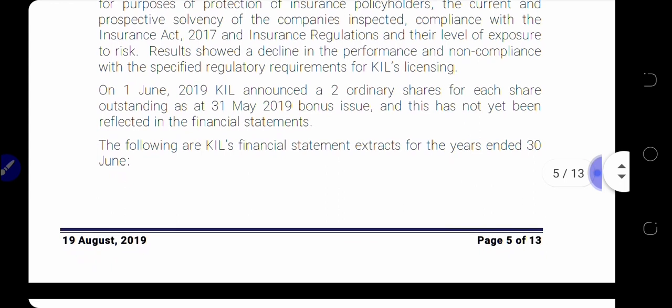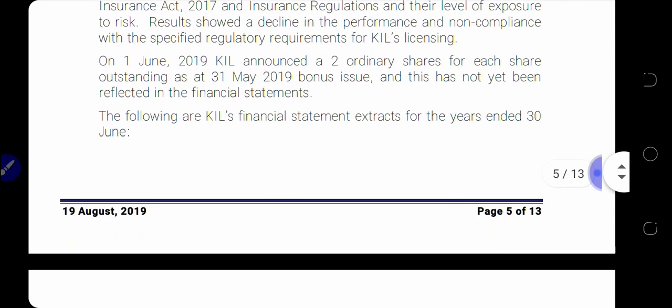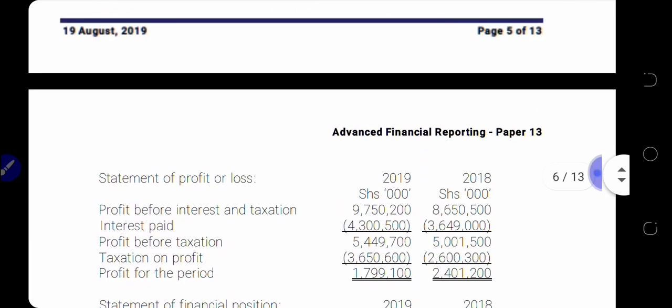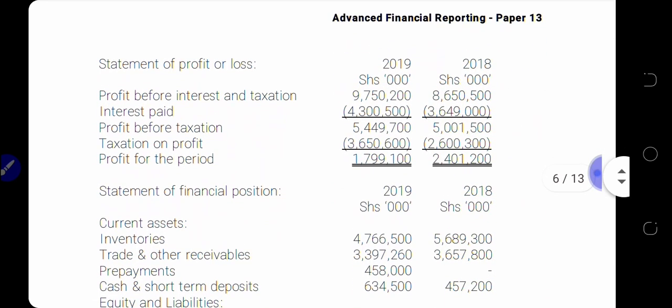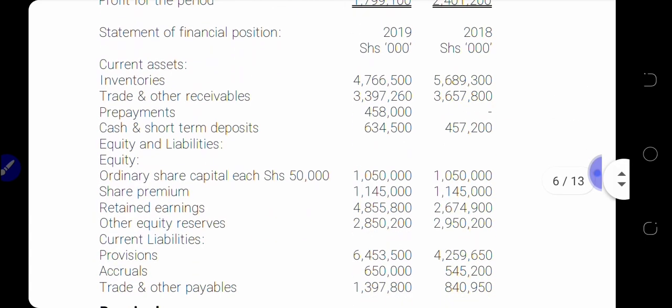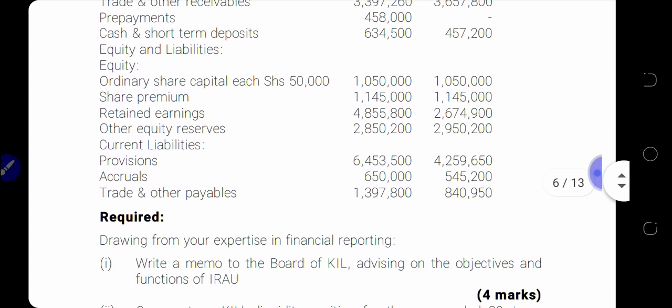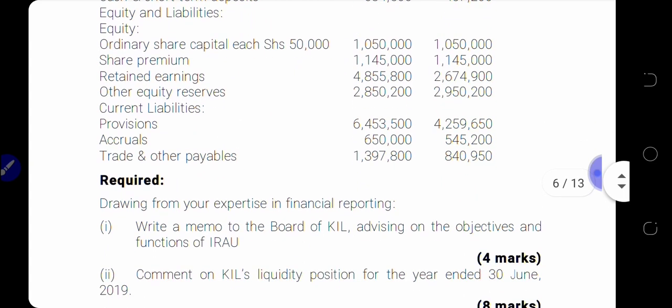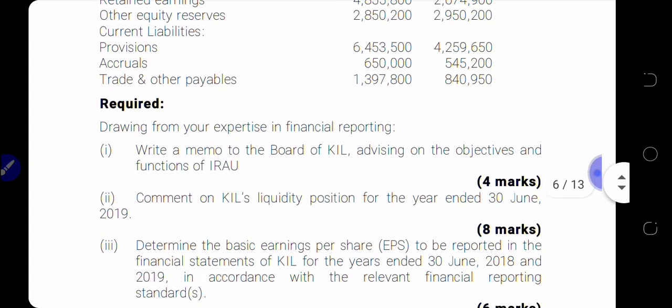The following are KIL's financial statement extracts for the year ended 30th June. So we have 2019 as well as 2018. We have the statement of profit, as you can see. You have your profits for the period for the 2 years, that is 2018 as well as 2019. Statement of financial position, we have that. Current assets, equity and liabilities, current liabilities, and so on.